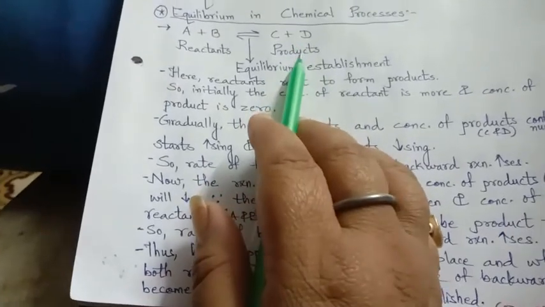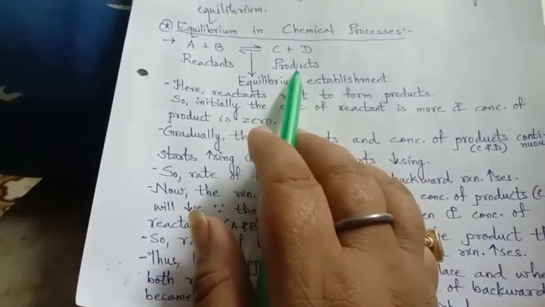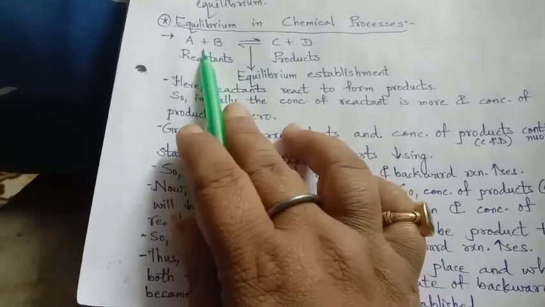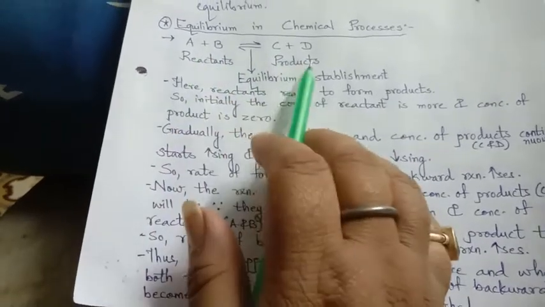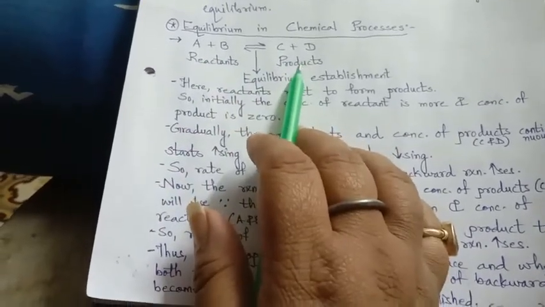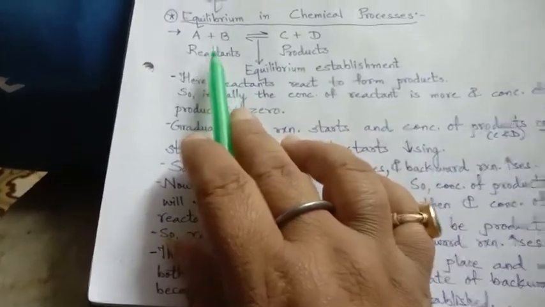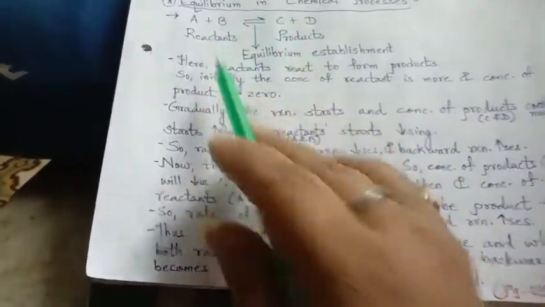When this product now becomes reactant, it will start giving back reactants. So at that time C and D will be reactants and A and B will start forming as products. That will be the backward reaction.